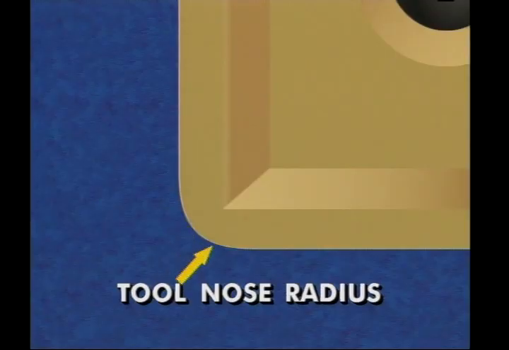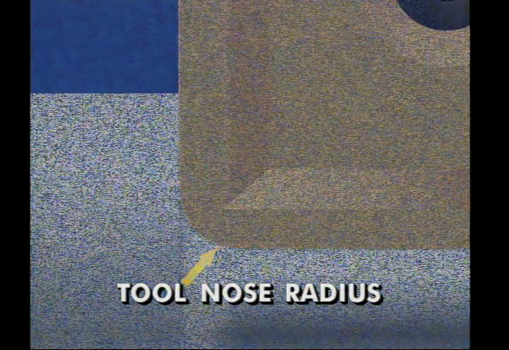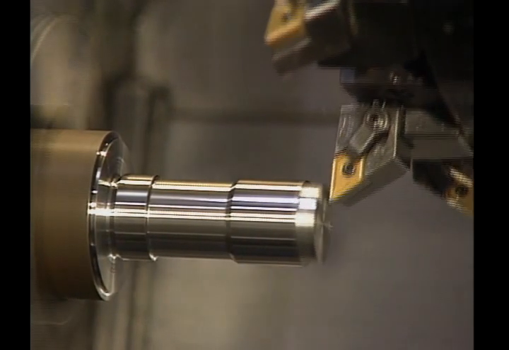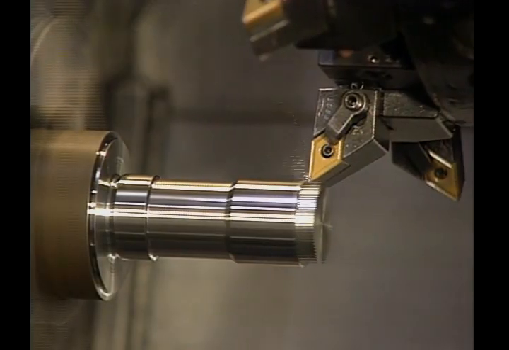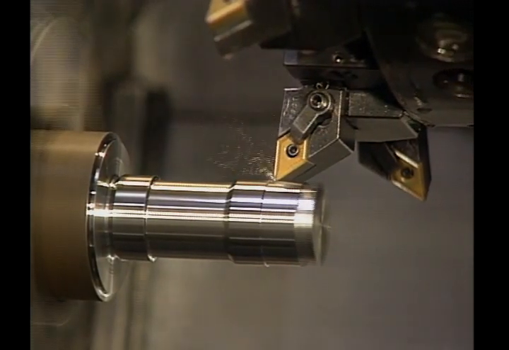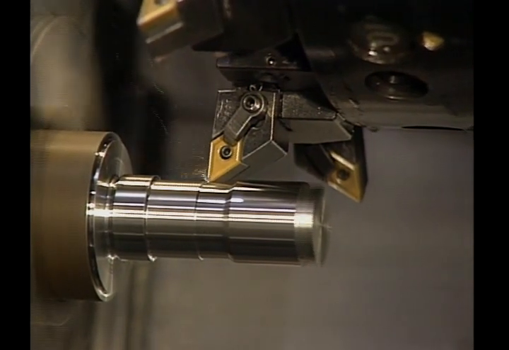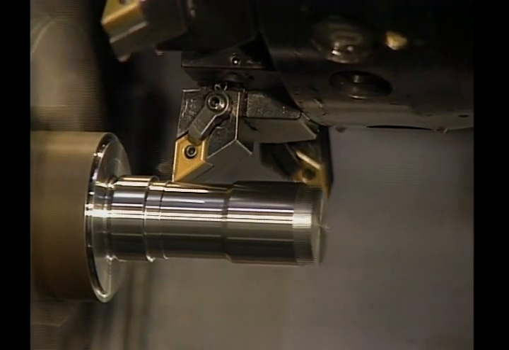The tool nose radius must be equal to or smaller than the smallest radius on the workpiece for cuts made with that tool. Other factors influencing tool nose radius selection include the surface finish requirements and the tool strength, with the largest tool nose radius permissible giving the greatest strength.